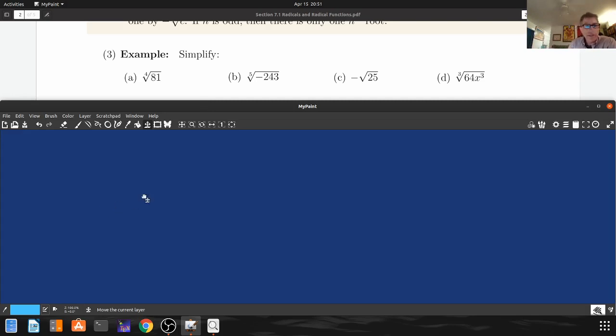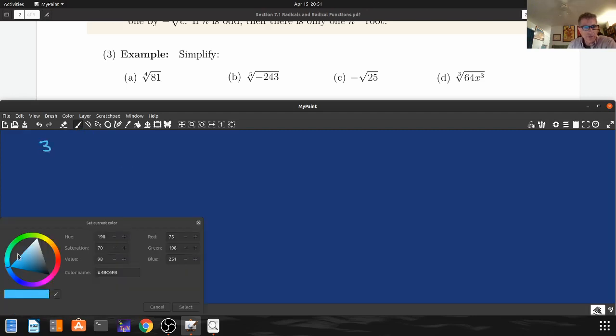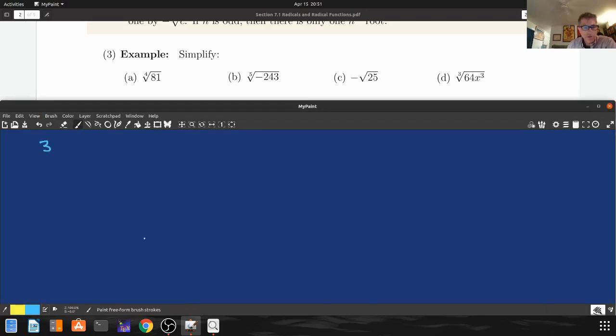So let's look at example 3a. We want to find the fourth root of 81.